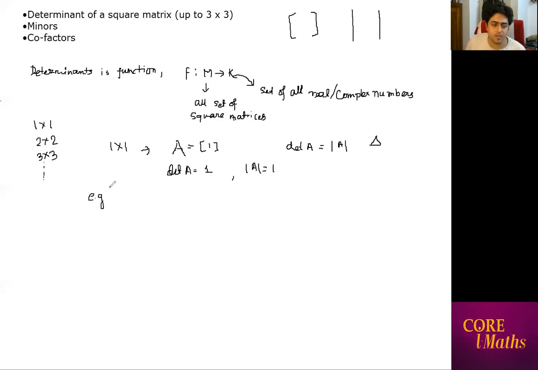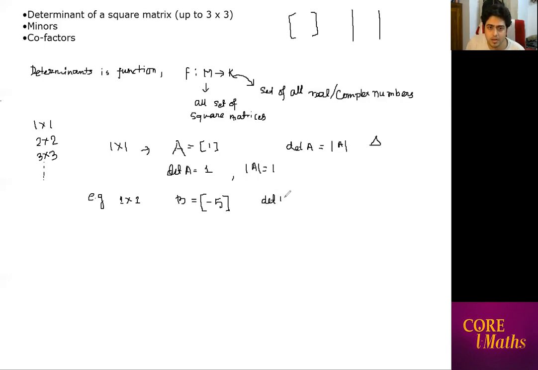Now, take one more example, 1 cross 1. Suppose B is another matrix having element -5. So what will be the determinant value?